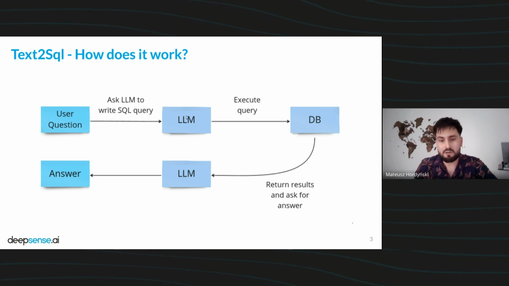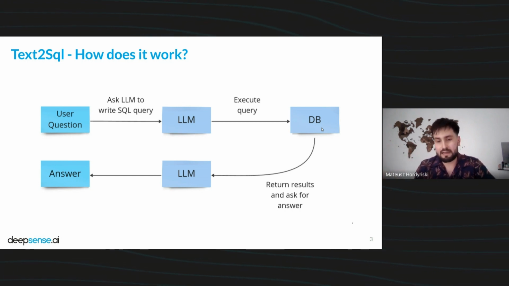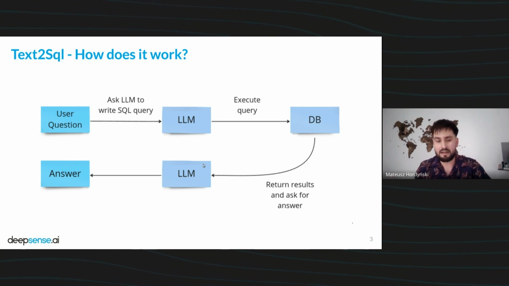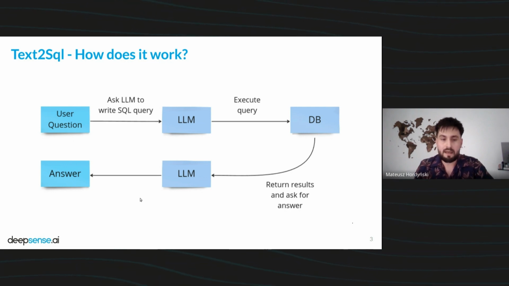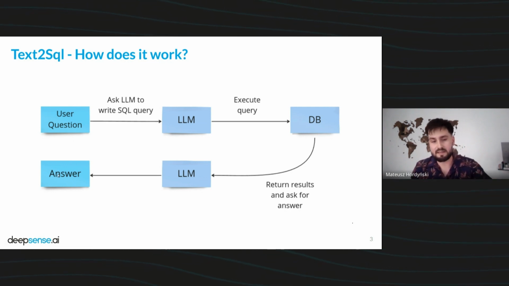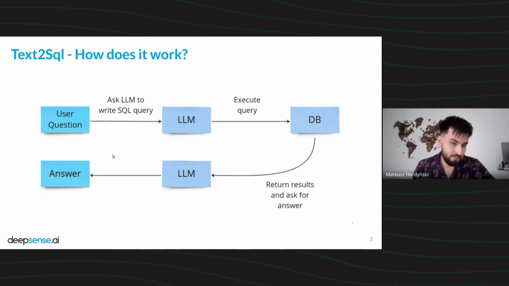Given the query from the model, we can execute it against the database. After that, we can go back again to the model and instruct it to generate the answer based on the results we got from the database and maybe based on the question. And of course, we can send this answer to the user.